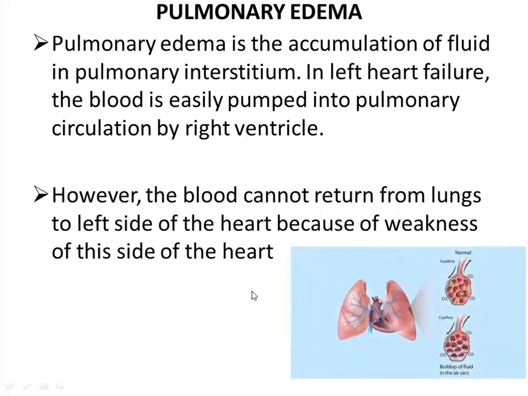So blood is retained in the lungs. What will happen? The capillary permeability increases, so fluid fills the alveoli, right? This is very risky because pulmonary edema can lead to death, right?